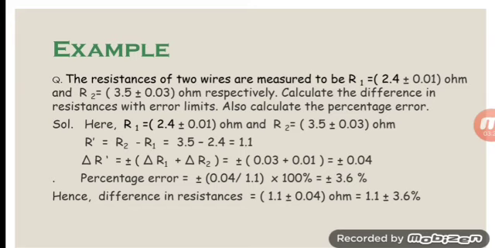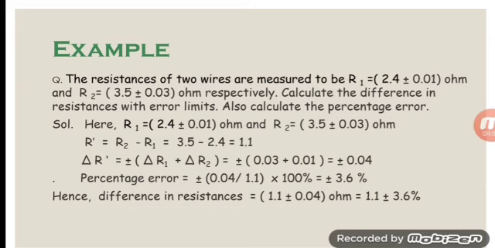We can write R dash is equal to R2 minus R1, which will be equal to 3.5 minus 2.4 equal to 1.1. Delta R dash, that is the error in the R1 and R2 values, is equal to plus minus delta R1 plus delta R2, that is plus minus 0.01 plus 0.03, which will be equal to plus minus 0.04.